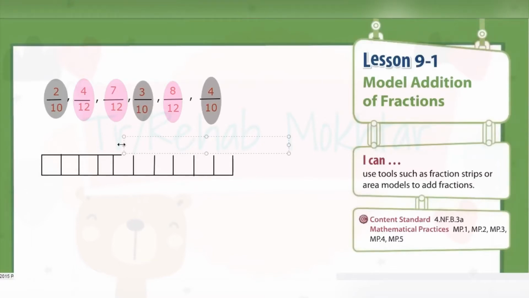These strips represent one whole, and we cut it or split it into 10 equal parts: 1, 2, 3, 4, 5, 6, 7, 8, 9, 10. One whole equals 10 out of 10.